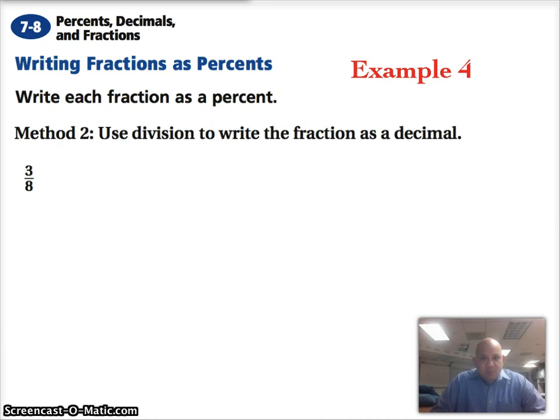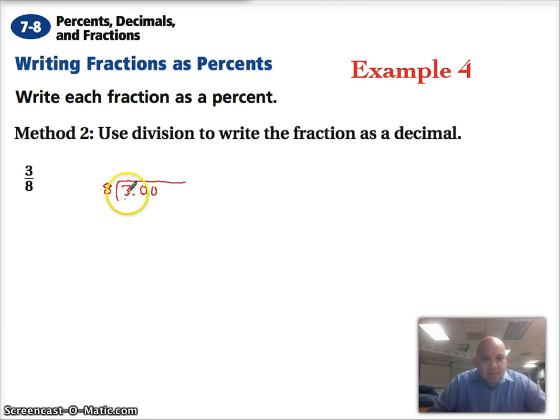Another way in which we can do that is we can simply divide. It says write each fraction as a percent. Use division to write the fraction as a decimal. So now I know that 3/8 is equivalent to 3 divided by 8. I know I'm going to have to use some decimals here.